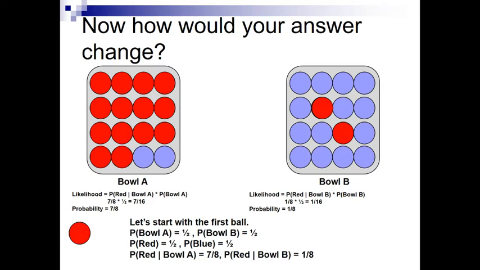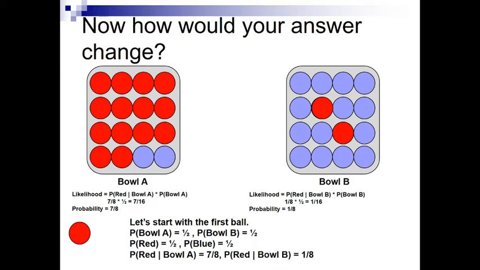So that means the probability that this ball, the red ball, came from bowl A is 7/8 and not 7/16. We have to scale it. We want the probabilities of the two possible outcomes to sum to 1. And so likewise, the probability that it came from bowl B is 1/8.